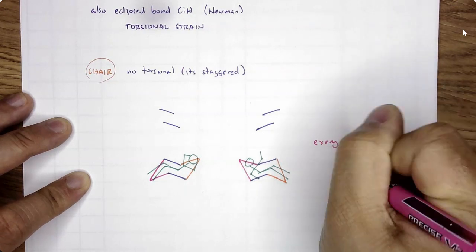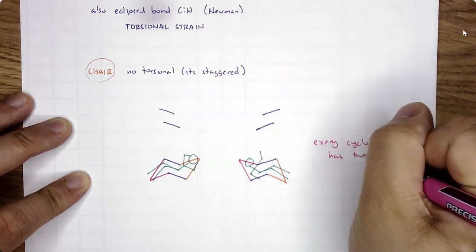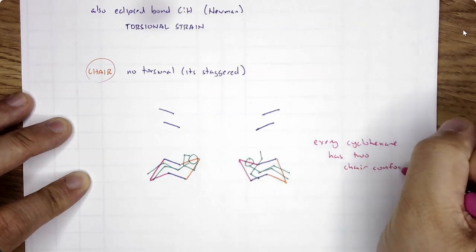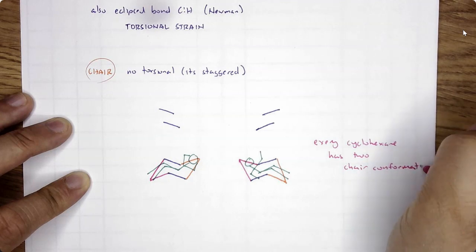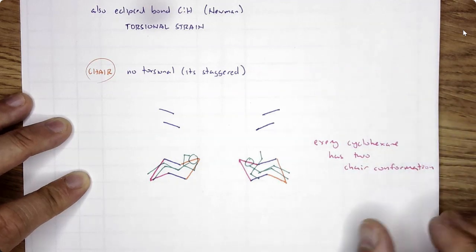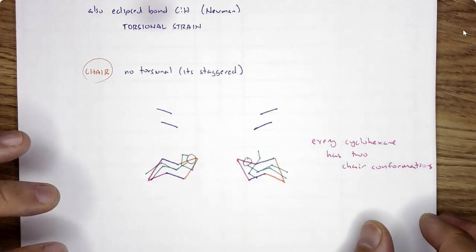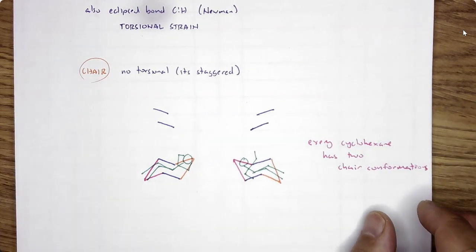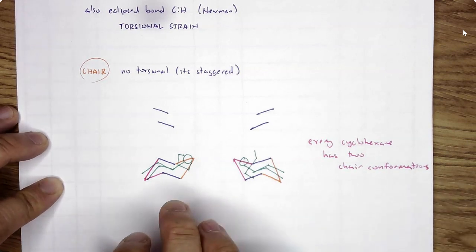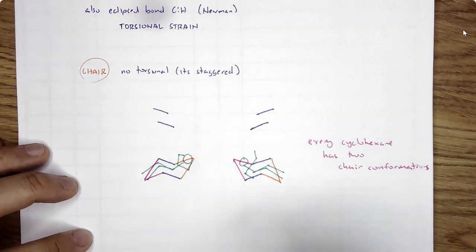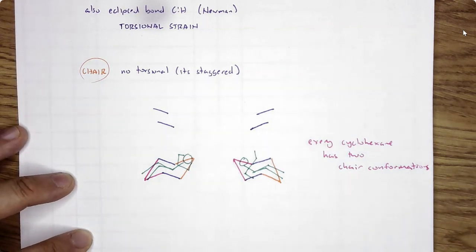And just like you're able to determine the stability of staggered versus eclipsed, like the two conformations of a Newman projection, the two chairs may have different energies, and you'll have to figure out which one's the more stable. But we're not quite there yet.